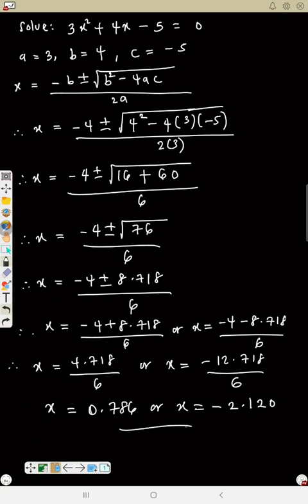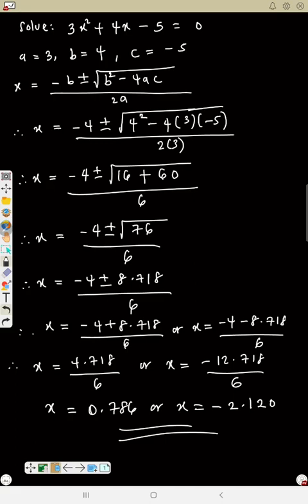So that means that is the answer. So that means you can also get decimals. So in factorization, if you cannot get the product and sum, that means you can't solve with factorization. You have to use either completing the square or the formula method.